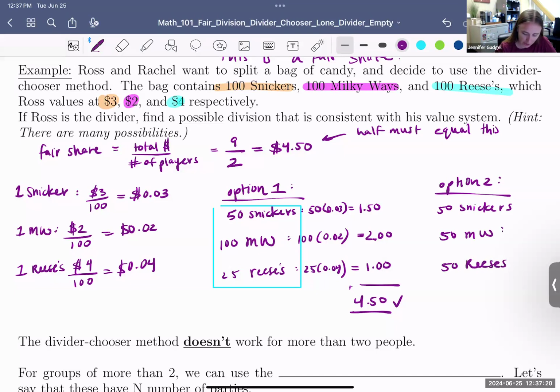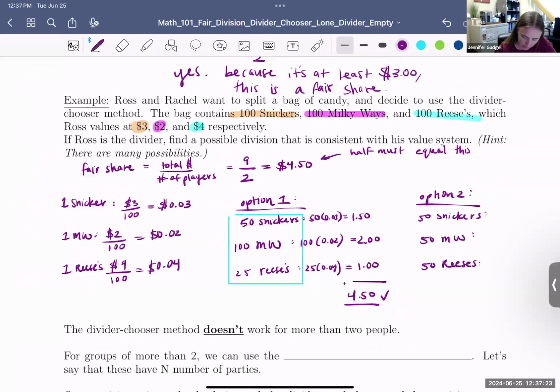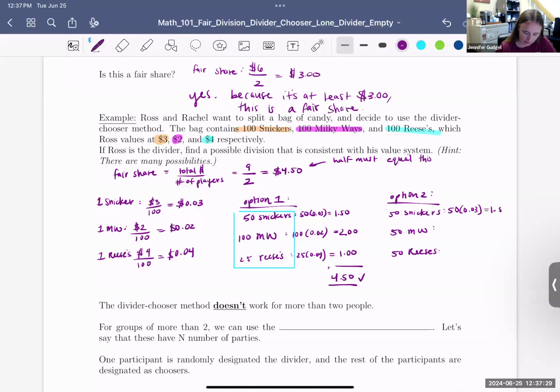If I take half of each of those stacks, let's look at the numbers and prove to ourselves how it works. 50 of the Snickers is $1.50. 50 of the Milky Ways is $1. And 50 of the Reese's is $2 because they're each worth 4 cents. If I add all the prices together, I see $4.50. Again, that is a fair share. So this would be a second option: 50 Snickers, 50 Milky Ways, 50 Reese's.